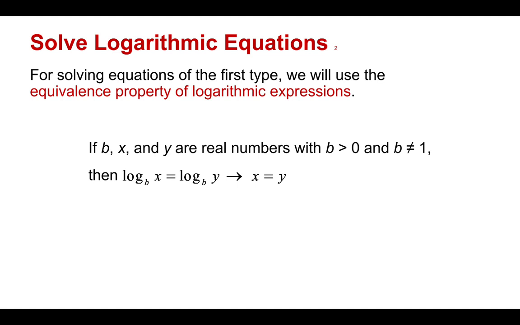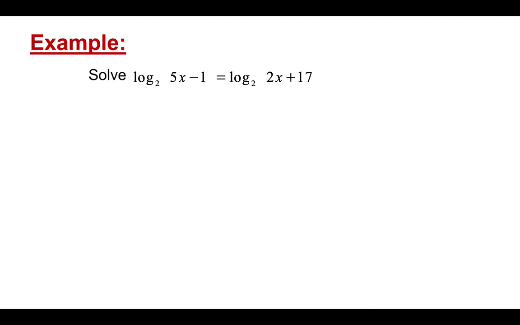And that's really what we're going to use. The key here is that we have one log on this side and one log on this side. So we have to get them to that form, and then if they have the same base, then whatever's inside must equal whatever's inside the other one. So here we have log base 2 of the quantity 5x minus 1, and there should be parentheses here, equal to log base 2 of the quantity 2x plus 17.